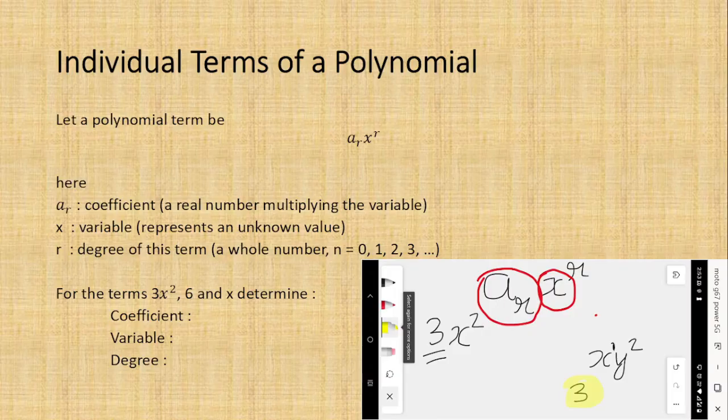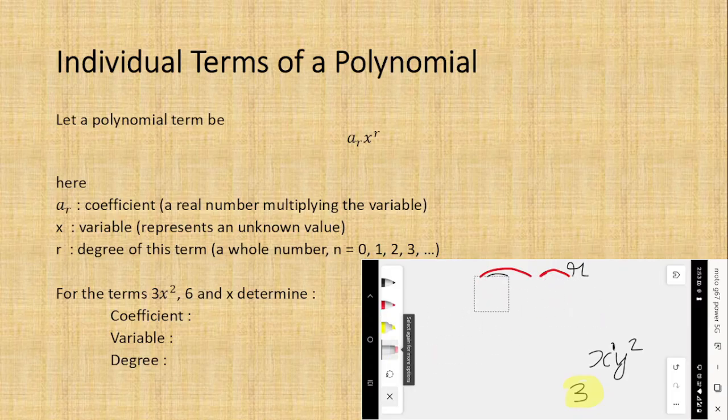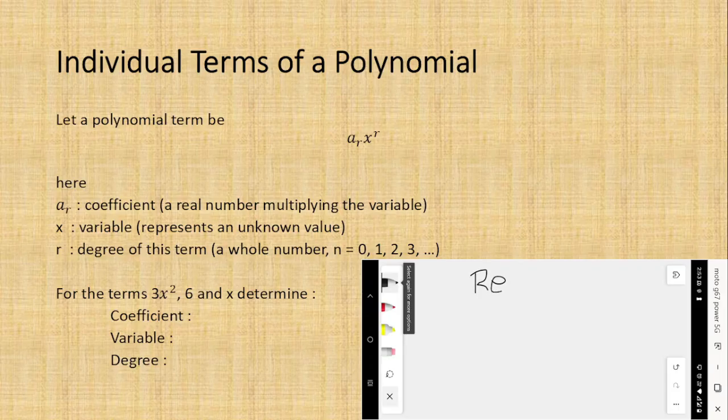Okay, now we are going to talk about the restrictions which are present for each of these: coefficients, variables, degrees, etc. Let us talk about the coefficients first. The coefficients have to be real numbers. What does this mean?